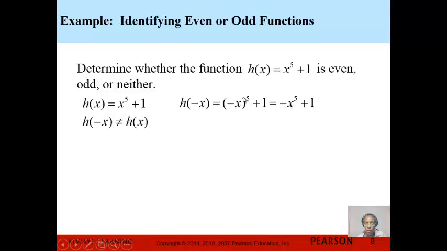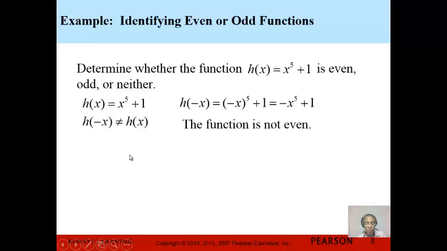In other words, you've got 5 negative signs, 4 of them pair up, so you'll have one left over negative. And h of -x is different from h of x. So that means the function's not even.